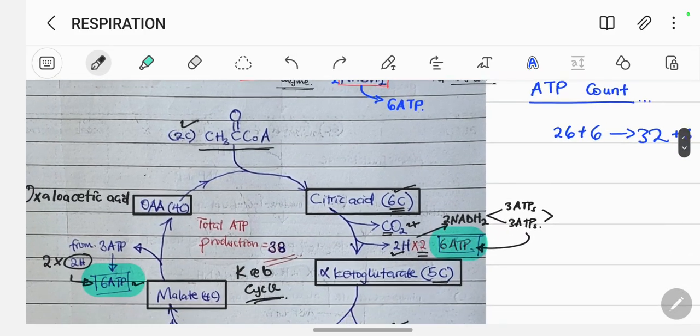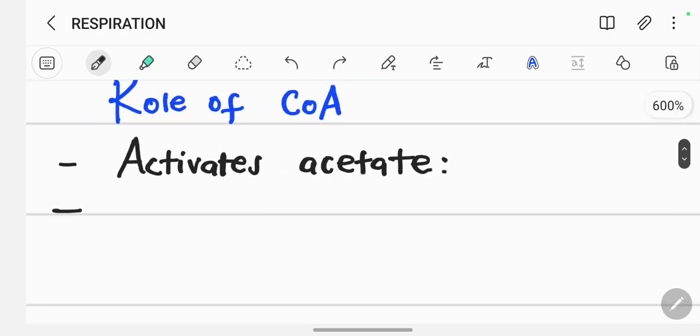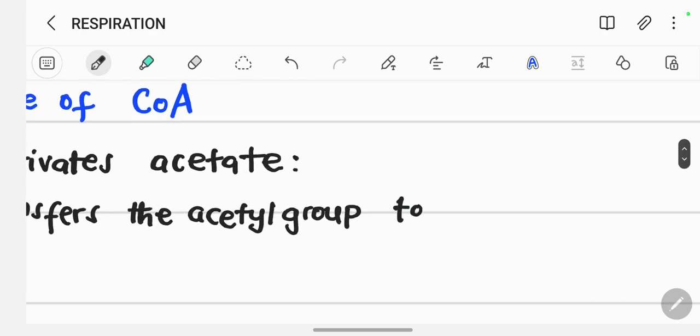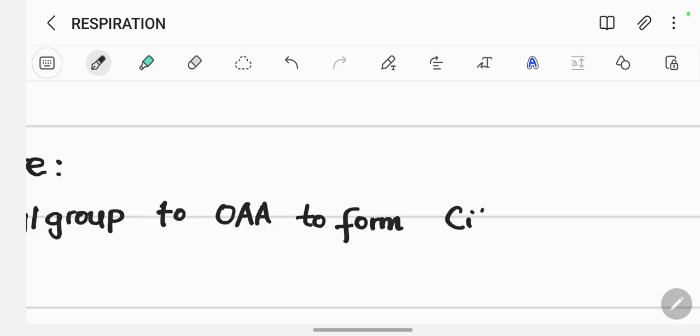So it activates that acetate, then transfers the acetyl group to oxaloacetic acid to form citric acid.